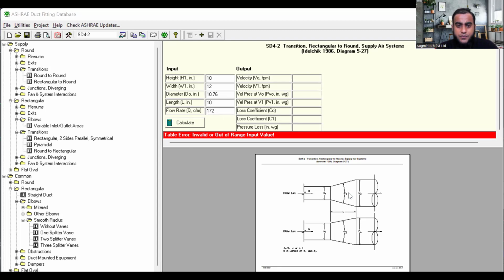Let's see what actually we have to do. Let's say I'm doing, just increase the length of the duct a little bit, as 20 feet for the connector, for example. Then also it is not showing. Na? See, why? But if I increase the flow rate, for example, so where is the problem here?